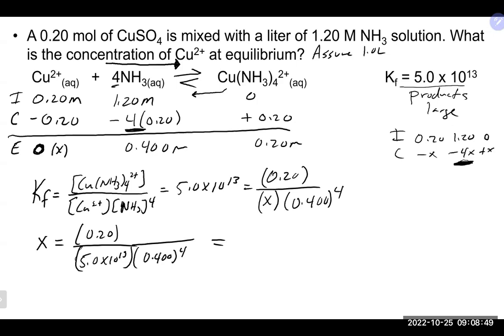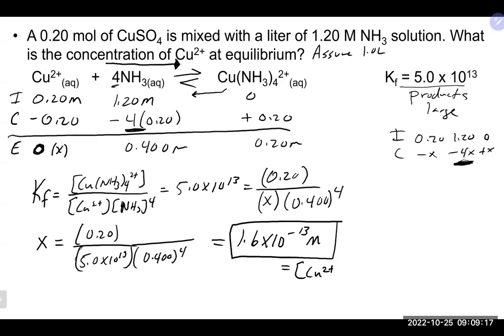Divided by 5 times 10 to the 13, divided by 0.4 to the fourth, we end up getting about 1.6 times 10 to the minus 13 molar for the concentration of free copper 2 in that solution.